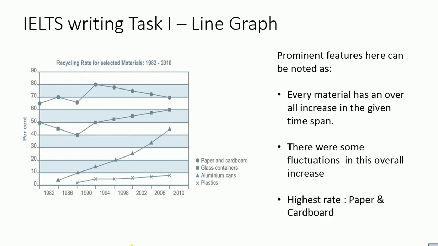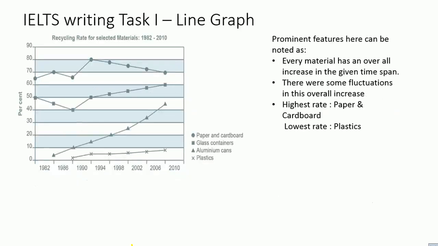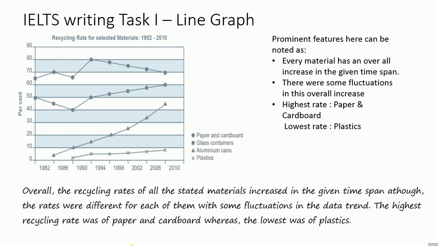Next thing is the highest and the lowest rates. The highest rate was of paper and cardboard, as it is clear that it was 70% in 2010, and the lowest is for plastics, as it lies at the bottom of the graph, which is even less than 10%. So prominent features list done, and here is how I wrote my overview paragraph.